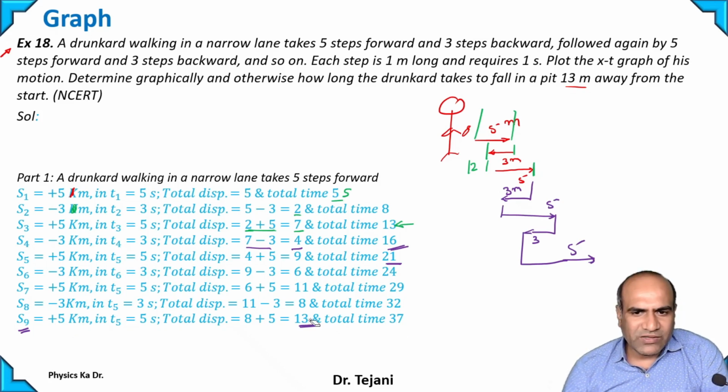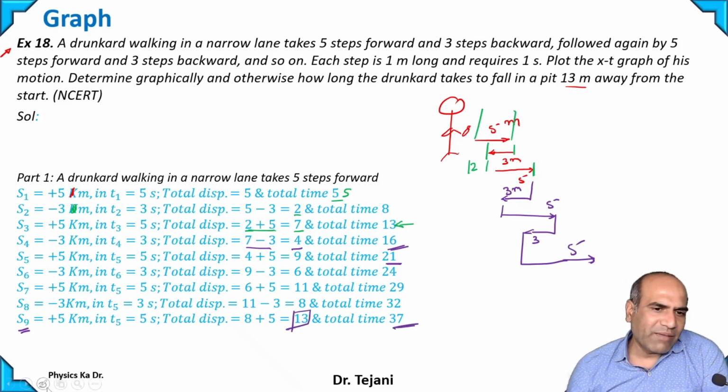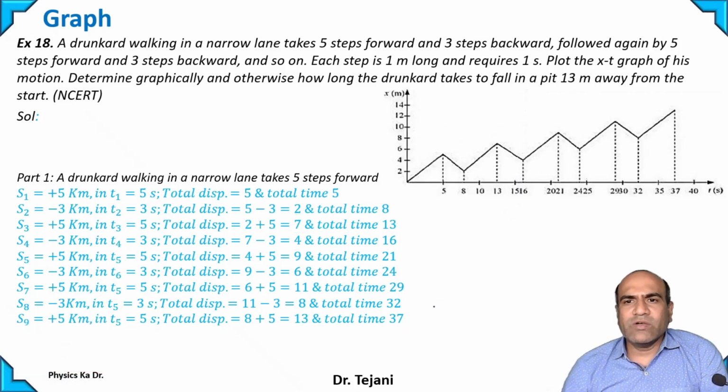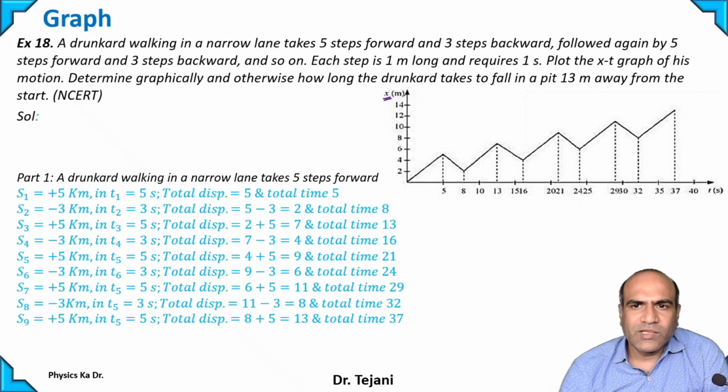So it is having 13 distance where he will be in the pit, and he needs time 37 seconds for that. And if you draw a graph x versus t, you start with a linear variation from 0 to 5.